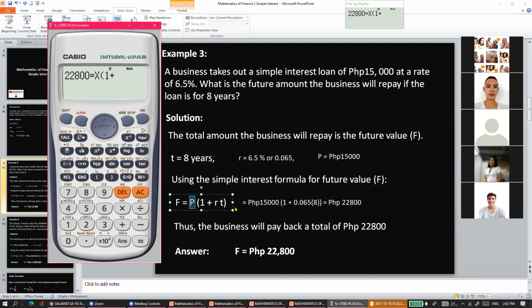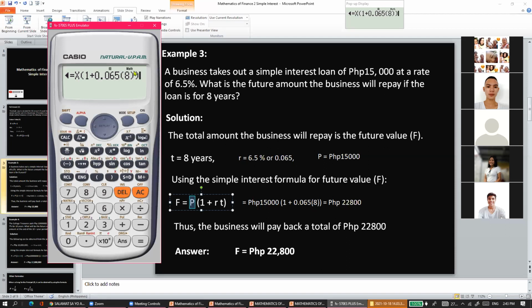Ano ba ang R natin? 0.065. I-type ko yung 0.065 times. Ano ba yung time? Time natin is 8. So type ko yung 8. Close and then another close.